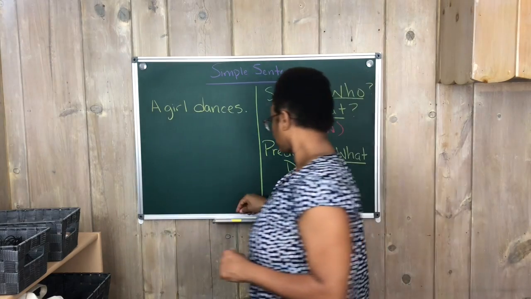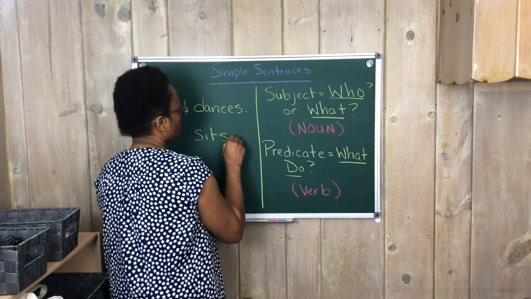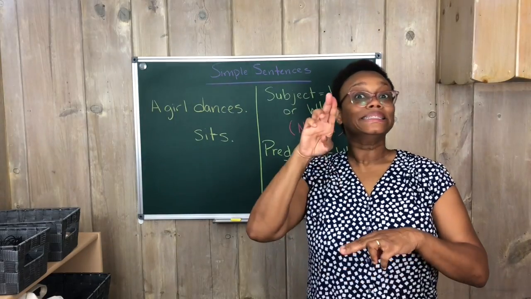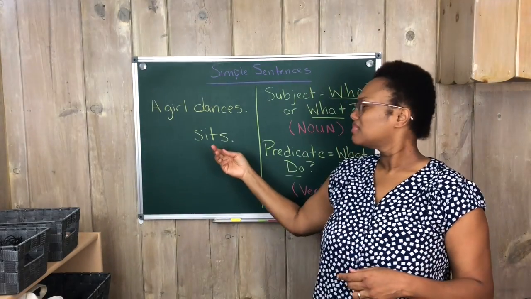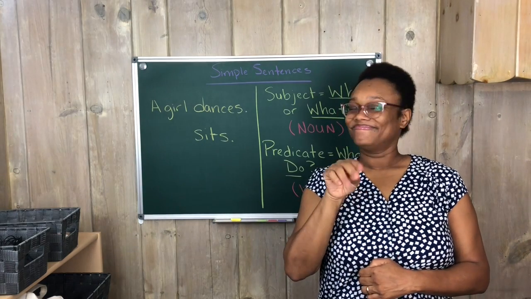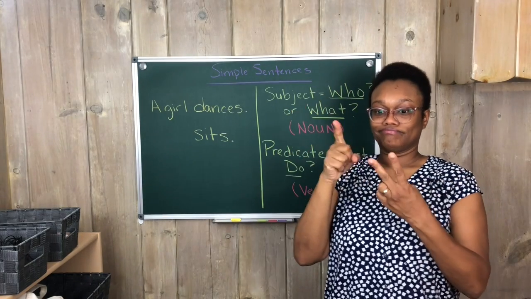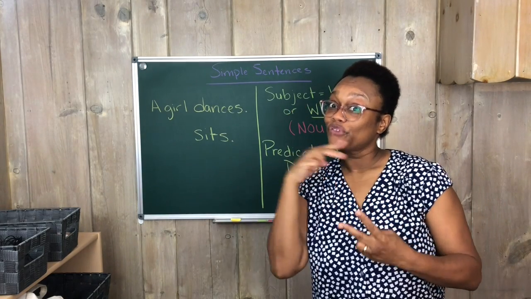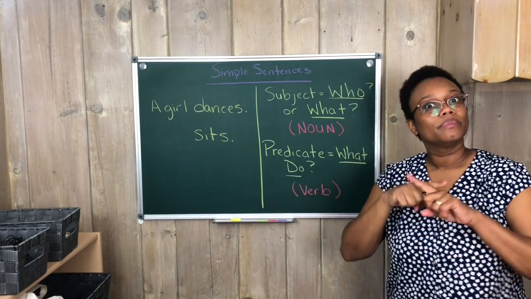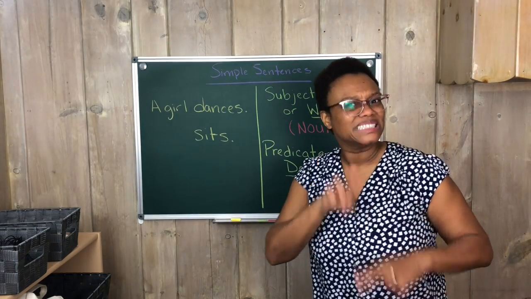Let me give you another example. Sits. Is that a sentence? No, it's not a sentence. Why? Now, it has the what do, the verb, the predicate. But it's missing the who. Who is sitting?